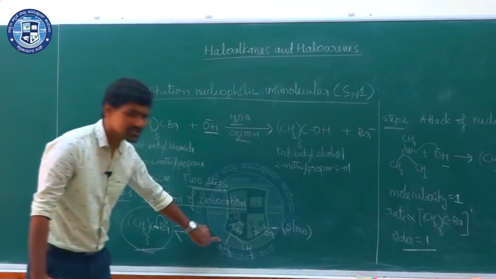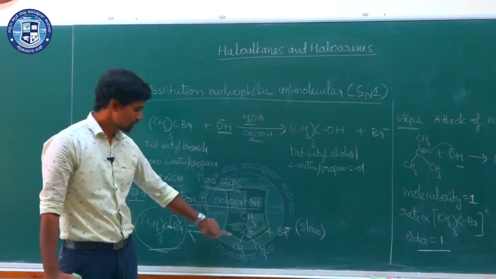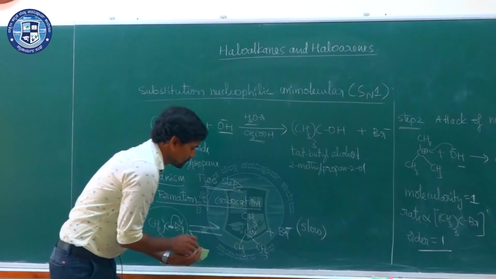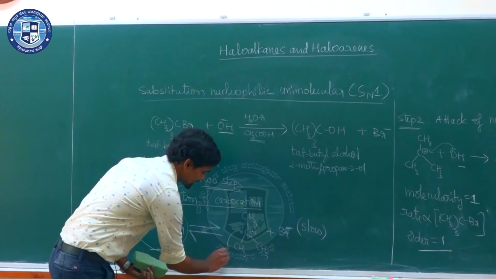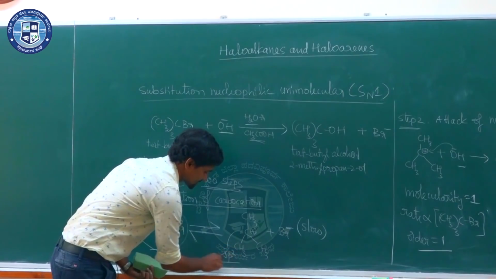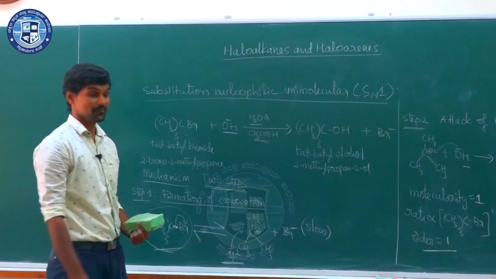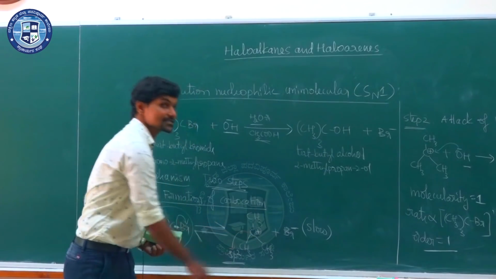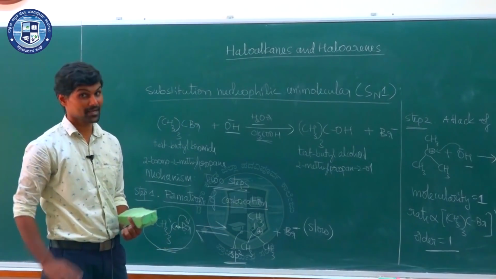What is the shape of this carbocation? Here the carbon which has the positive charge is sp2 hybridized. If it is sp2 hybridized, it gets planar geometry, trigonal planar.